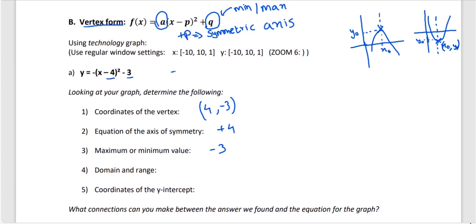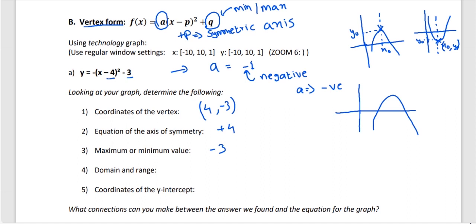For the given equation, our a value is equal to -1, so it is negative. We know that when a is negative, you will get this kind of graph. It's a maximum graph. So this is my -3, and this -3 is a maximum value.